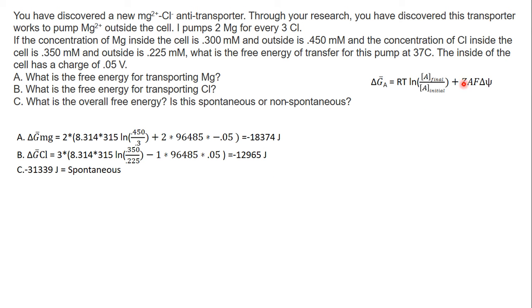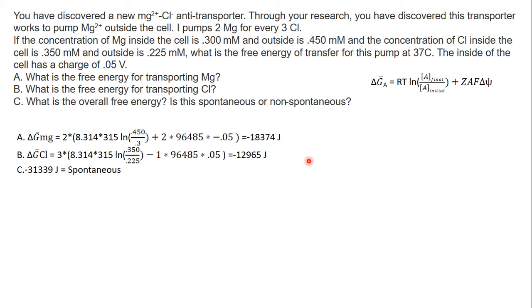Z is the charge of our ion. So our ion is magnesium, which has a +2 charge, multiplied by Faraday's constant times negative 0.05. So where does this negative come from? I'm inside the cell. The inside of the cell has a charge of positive 0.05, and the outside we're going to assume is 0.